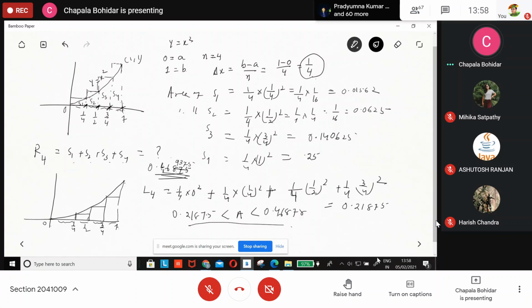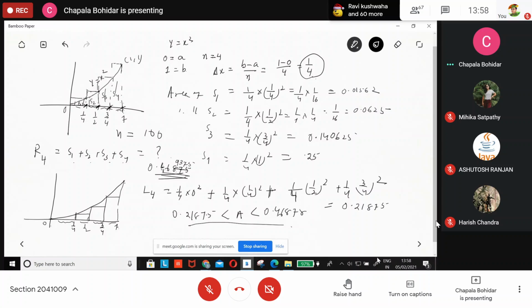If we take n as 10 or n as 100, what do we get? They are very close to each other. There we get the left hand side area and the right hand point area very close to each other.